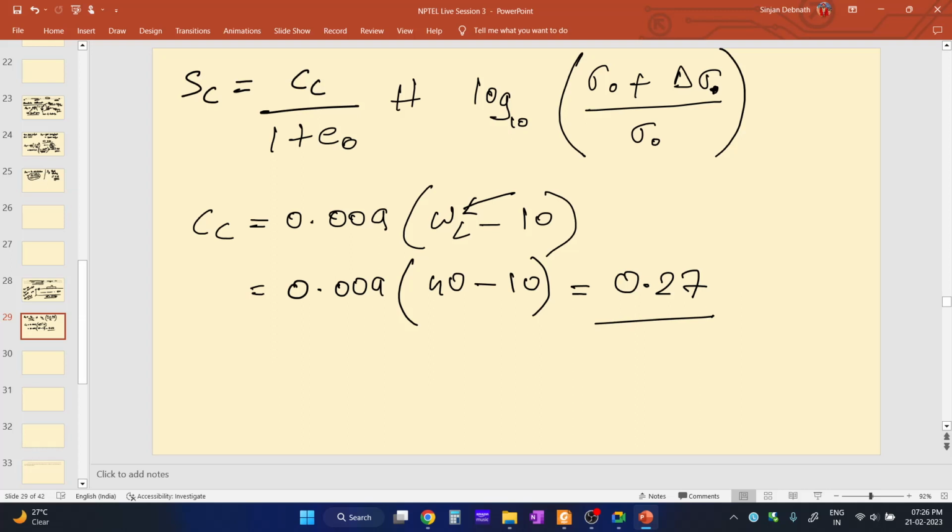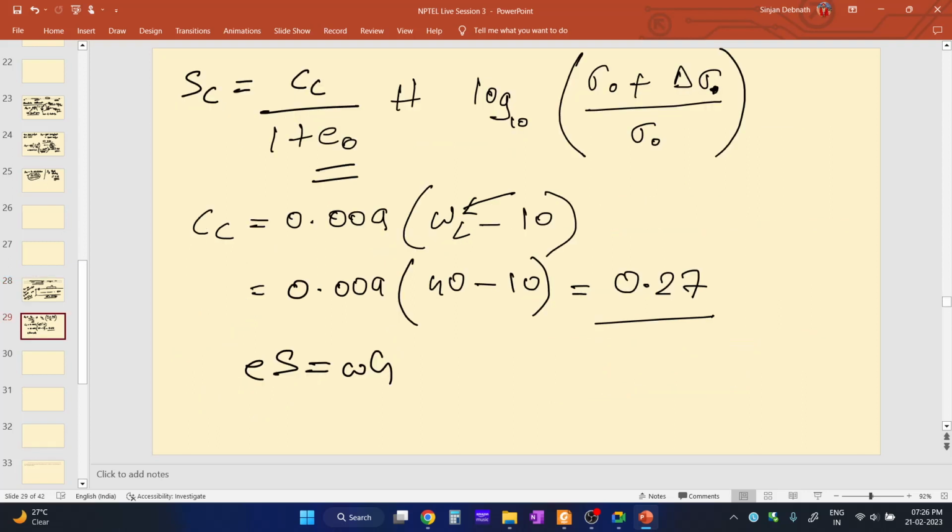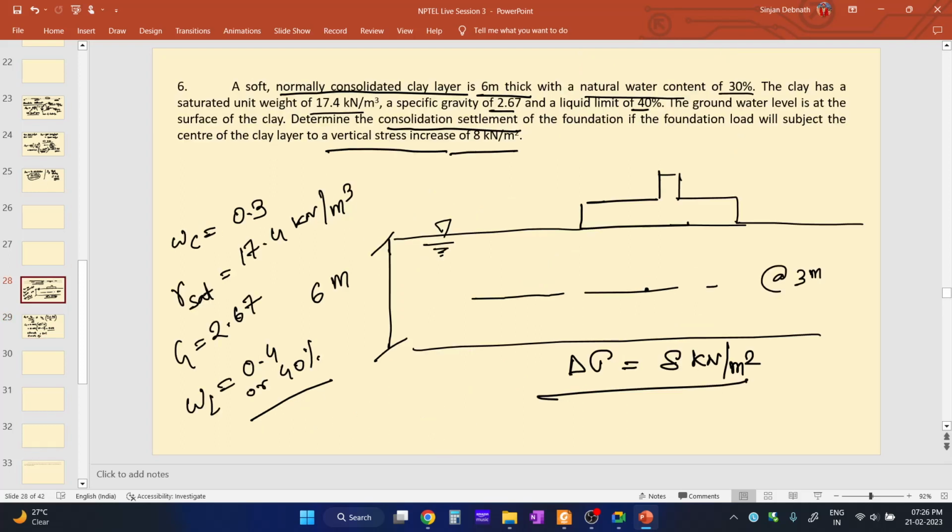Now what is E0? E0 is the initial void ratio. We know S e is equal to w G. Since the soil is completely underwater, it will be fully saturated in submerged condition. So saturation is 100%, S is equal to 1, so e is equal to w G. Natural water content is 0.3, that is 30%.